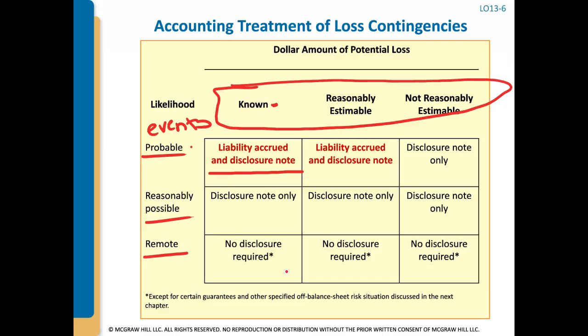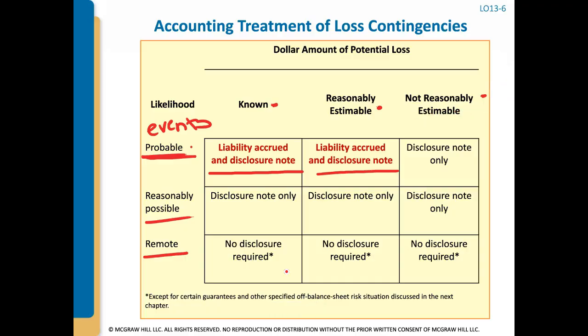If the event is probable and the amount is reasonably estimable, then again, the liability must be accrued and a disclosure note must explain what's happening. Now, if it's probable, it's probably going to happen, but not reasonably estimable, then if you cannot estimate the amount, you can't actually record a liability, but you do have to disclose it in the notes.